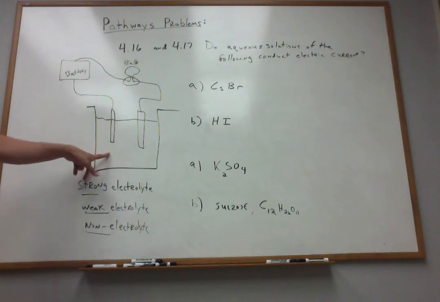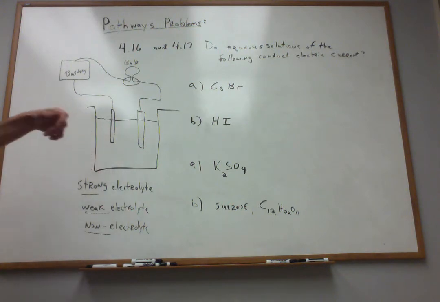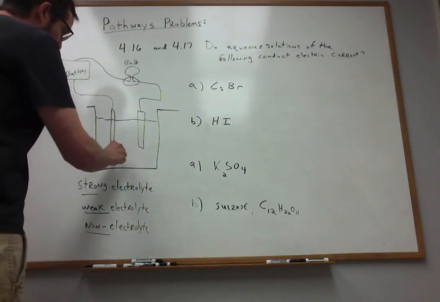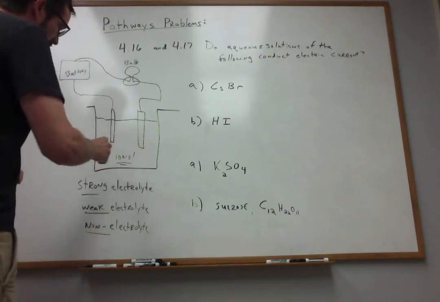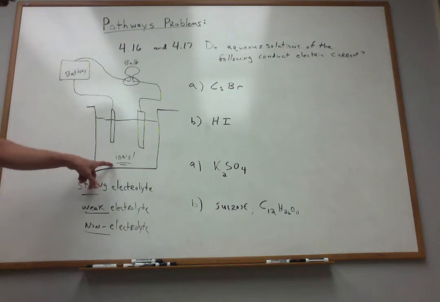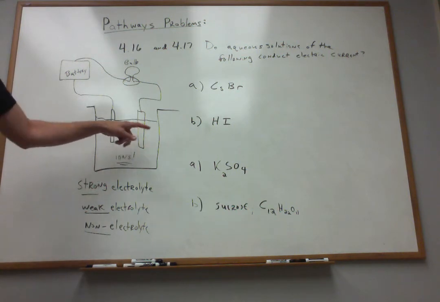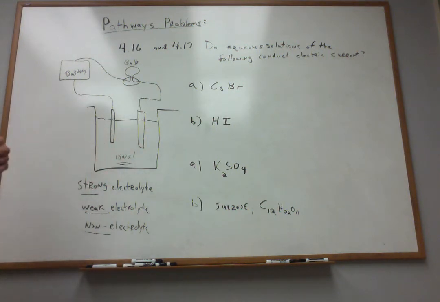Now, the key bit of information is that if current is going to be conducted, I must have a large quantity of ions floating around inside this beaker, meaning that my compound needs to dissolve in water, and the ions need to separate or dissociate from one another.